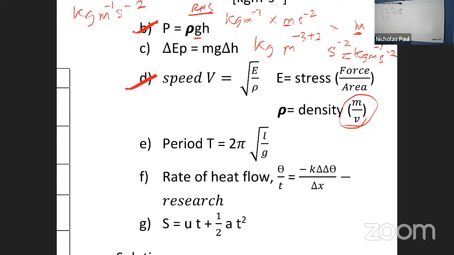Try D now. So for D, we know the SI unit is m s to the minus 1. Check and see if this formula makes it homogeneous or not. I told you what E is, and I told you what the density part is. Try that in.